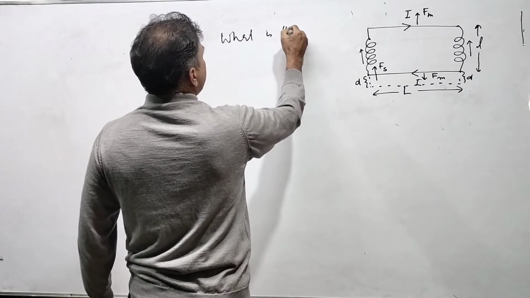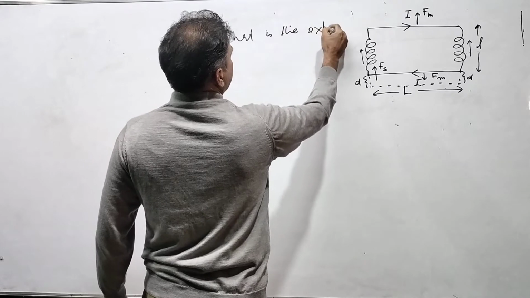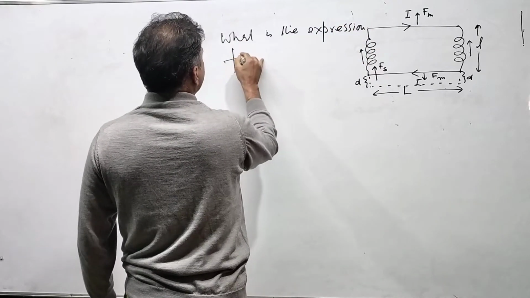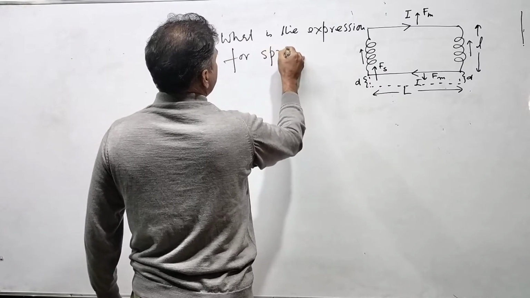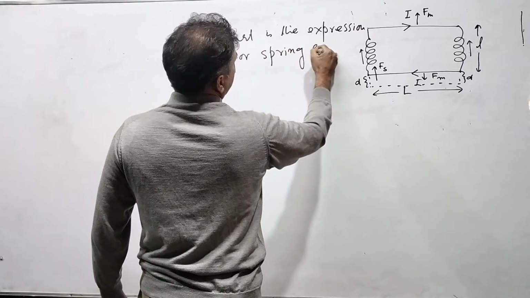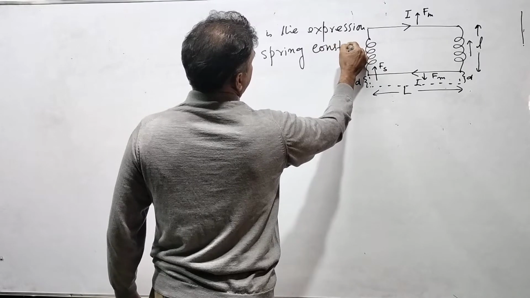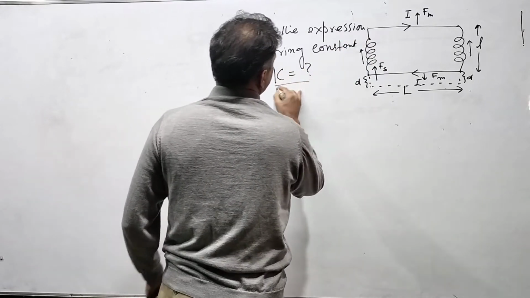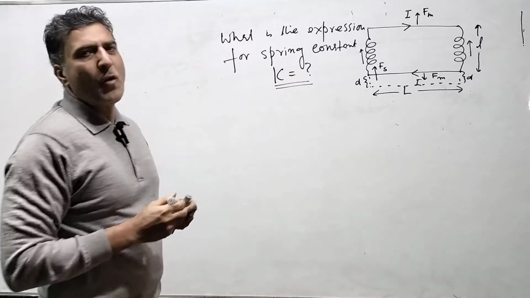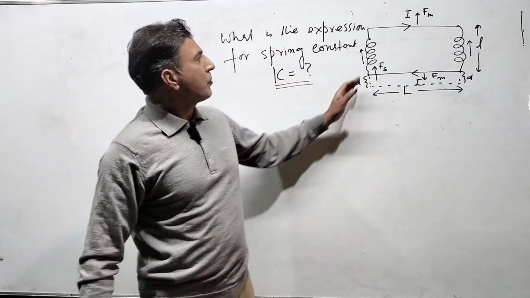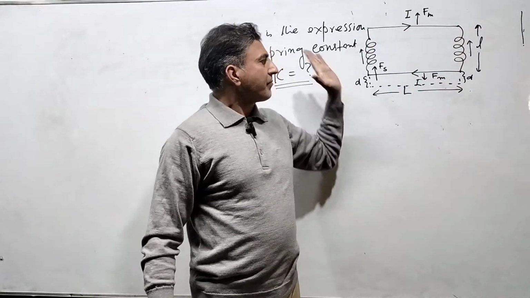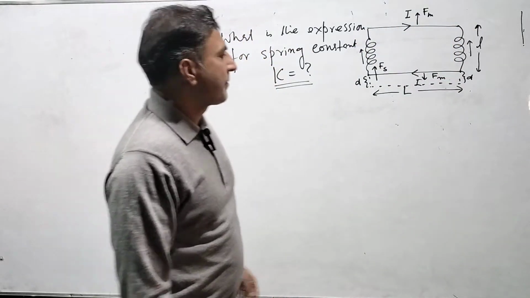What is the expression for spring constant? K, we have to find this K, spring constant, in the form of an expression. Of course, that spring constant should contain all these given parameters. That is all.